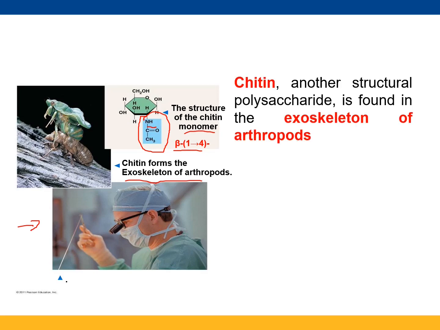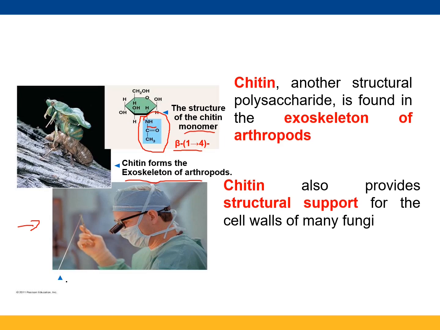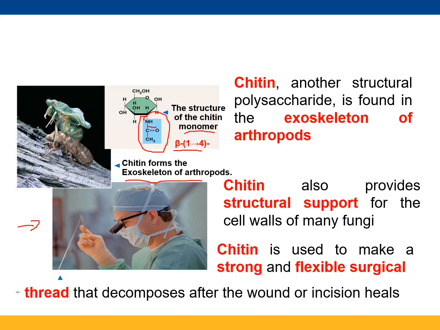So chitin is another structural polysaccharide and is found mainly in the exoskeleton of arthropods, and also provides structural support for cell walls of many fungi. And as I said, chitin is used to make a strong and flexible surgical thread that decomposes after the wound or incision heals.